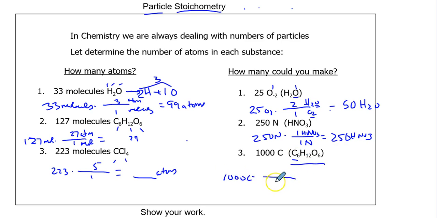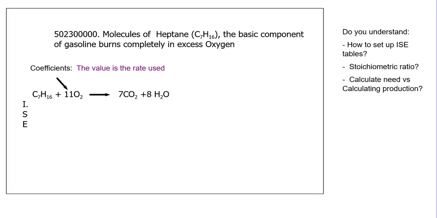For every 6 carbons, I make 1 C6H12O6. 1,000 divided by 6 equals 166. So we'd have 166, and it's a decimal version. We have some left over, but not enough to make a whole other one, so about 166 molecules of that substance.